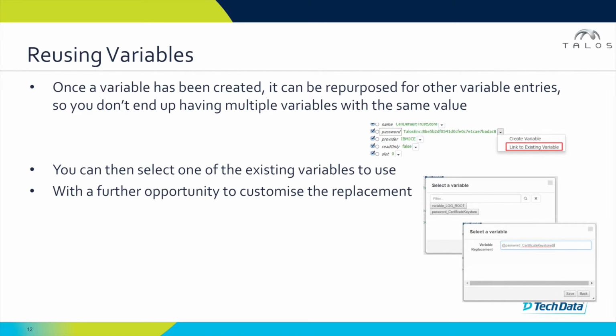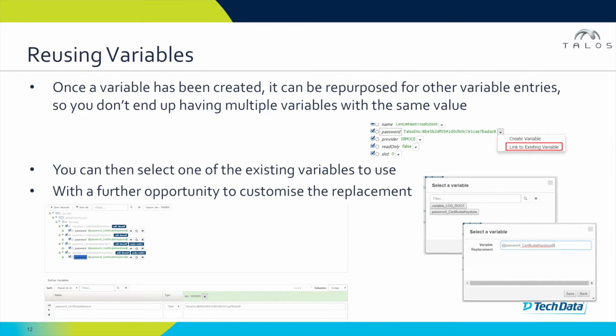You click link to existing variable, you get a pop-up box which lists all the variables that you've already created, and then you can select that variable to use, and it will use that without having to create another. You then obviously have further opportunity at that point to customize the replacement. So if you do need any static values before or after that variable replacement, you've got the opportunity to do that then.